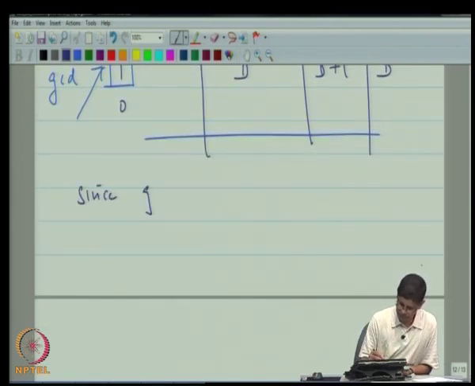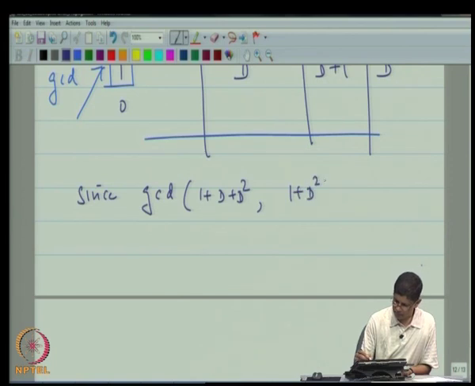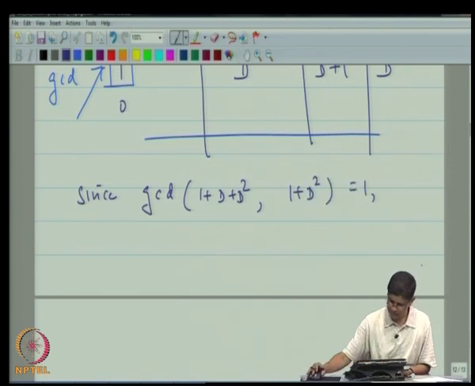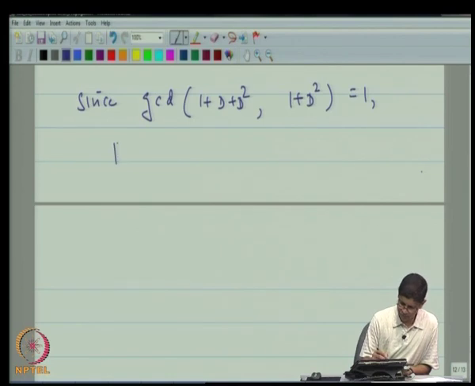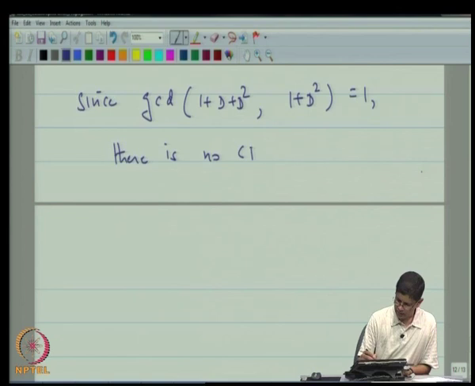Since the GCD of 1 plus d squared and 1 plus d squared is equal to 1, there is no catastrophic error propagation by the theorem.